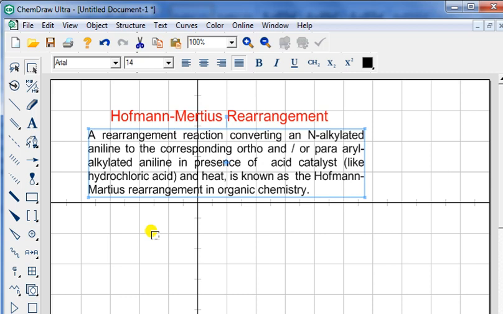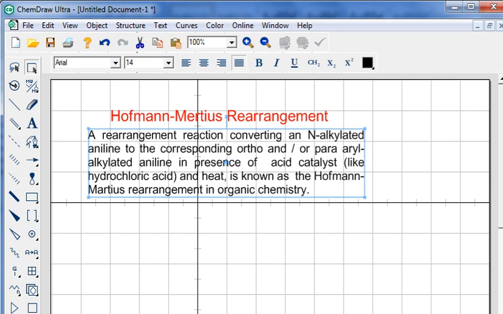If you treat a tertiary amine salt, the amine salt of aniline, and heat it in presence of acid, and that amine has an alkyl group, that alkyl group migrates to the ortho and para positions.